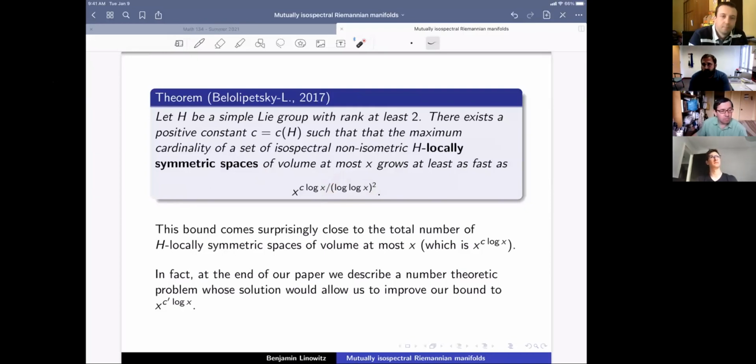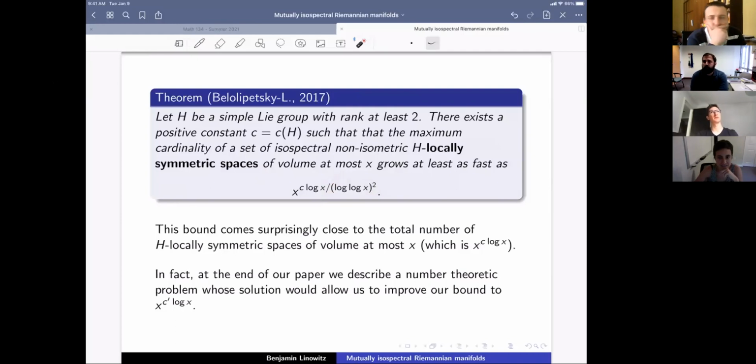So a class field tower, let's say we use totally real fields. It's a sequence of totally real fields whose discriminants go to infinity, but when you normalize by taking the discriminant to the 1/degree power, that turns out to be constant. What we need in our proof is to construct lots and lots of lattices that we know are not isometric to each other.